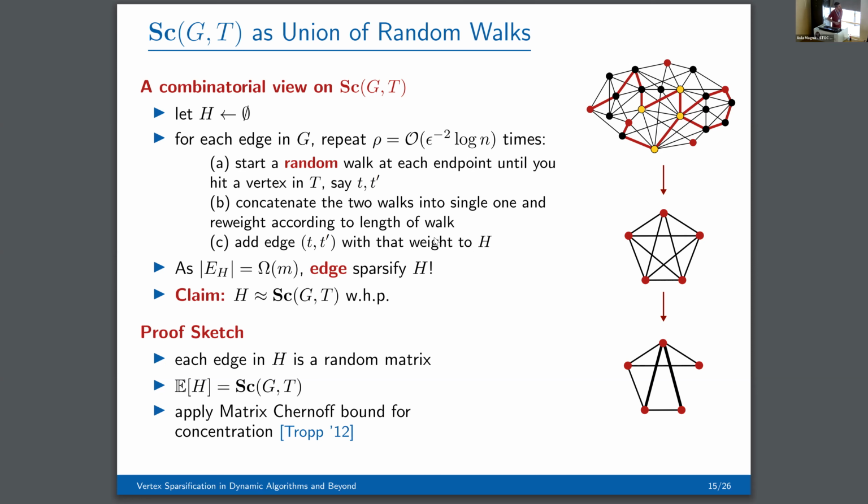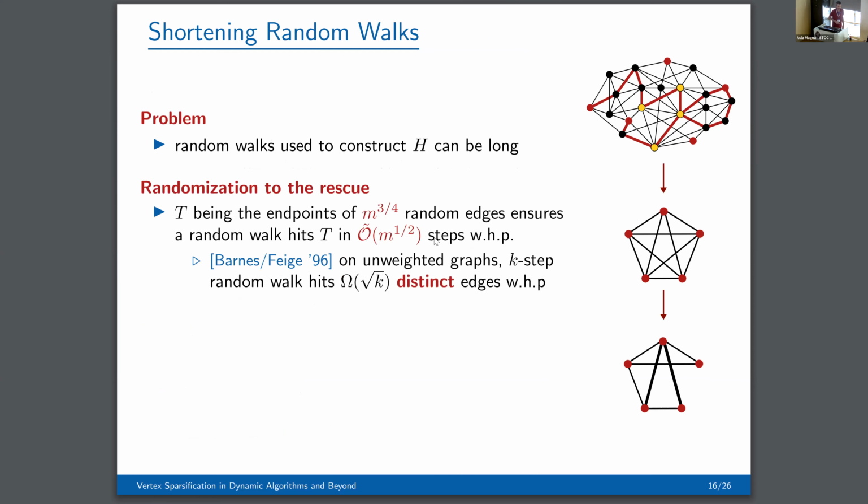So are we done? The question is, how fast can I hit a terminal vertex, right? Because cover time in a graph can be very large. So we're not yet done, and this is not that efficient. We need another thing, and probably some of you that have worked with graph algorithms have guessed it already. This is just randomization, or throwing some darts in your network. The main purpose here is just to make sure that these random walks are short.